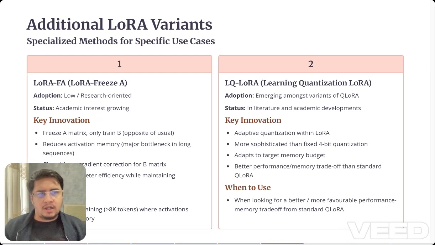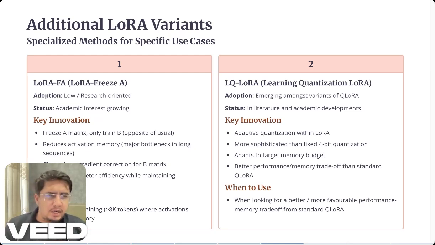In the long context, you would only use this where you have very long context training, and your activations dominate the memory, and you're trying to reduce the activation memory, which does sometimes become a bottleneck. But the adoption of this is relatively low, though we are seeing academic interest growing.